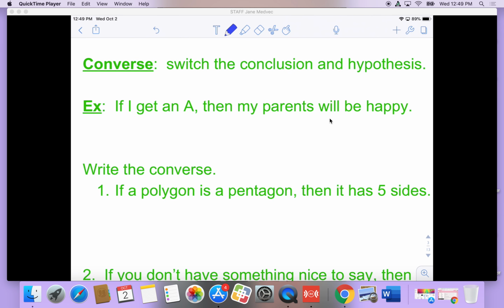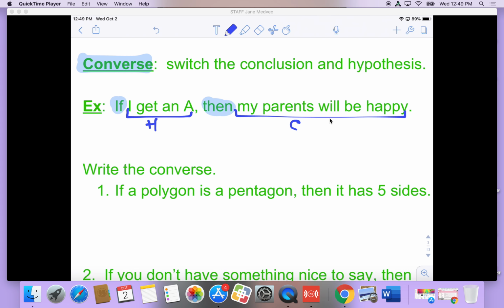The second definition is the converse. The converse will take the conclusion first and then the hypothesis second. So it'll take the if-then statement and they'll switch them, okay? So let's take a look at the example. Notice I have an if, notice I have a then. So this is the conditional statement. This first part is the hypothesis, and the second part is the conclusion.